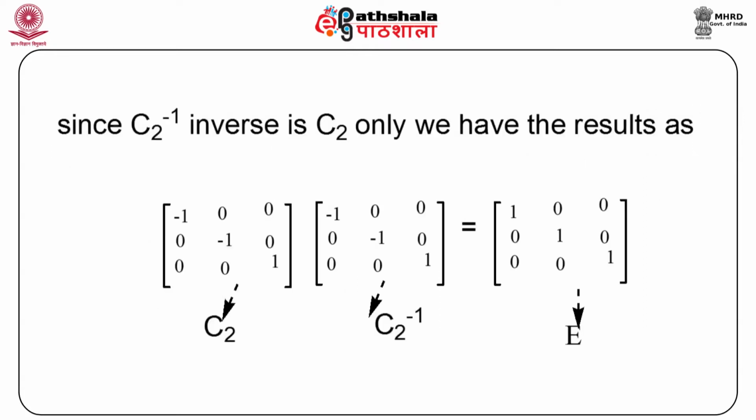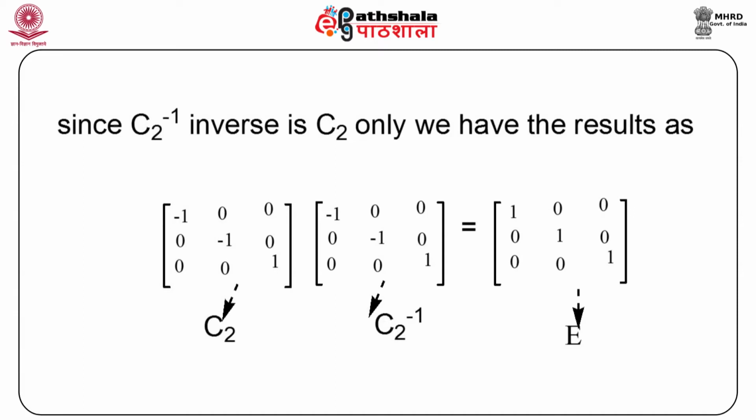Now, let us take another product, C2 into C2 inverse. The result is E. Since C2 inverse is C2 only, I take the matrix corresponding to C2, multiply it with the matrix corresponding to C2, and I get the matrix 1 0 0, 0 1 0, 0 0 1. This is the matrix corresponding to E.